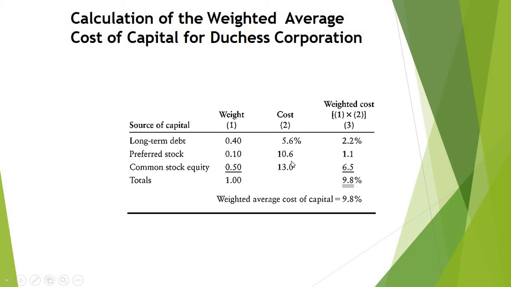Cost of preferred stock is 10.6% and weighted cost is 1.1%. The firm's weight of common equity is 50% or 0.50. Cost, say for example, is 13% and weighted cost is 6.5%. So the weighted average cost of capital of Duchess Corporation is 9.8%.